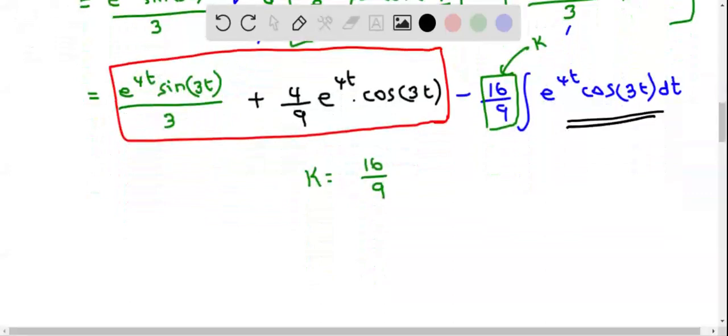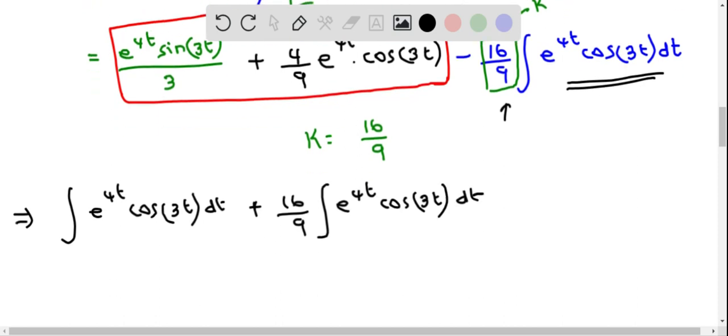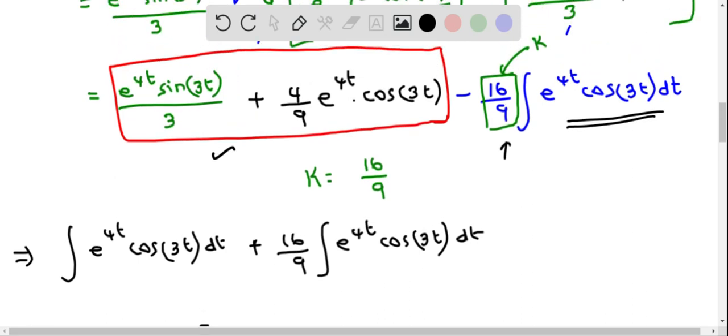So that we will get the left side expression as, we already have the integral of e raised to the power of 4t cos 3t dt, and then we add the positive 16 over 9 and this integral. So therefore this becomes 16 over 9 integral of e raised to the power of 4t cos of 3t dt, and this equals the expression inside that colored box.